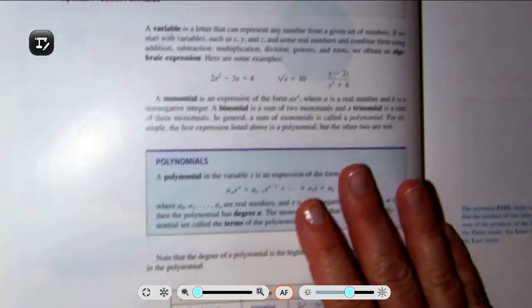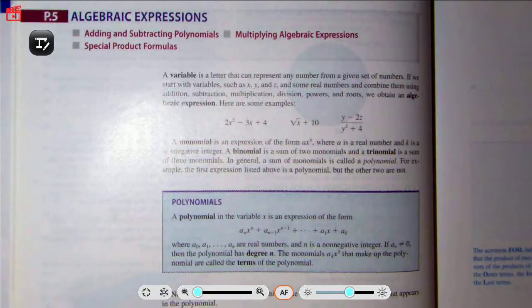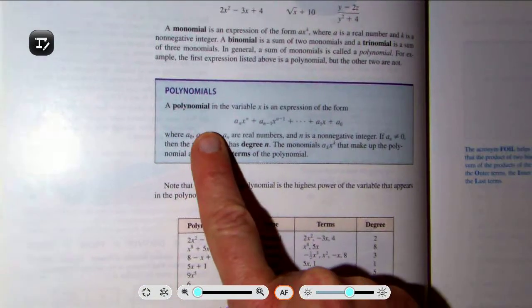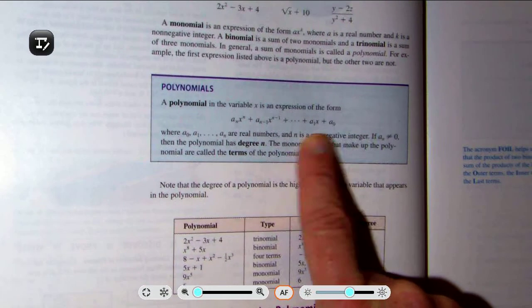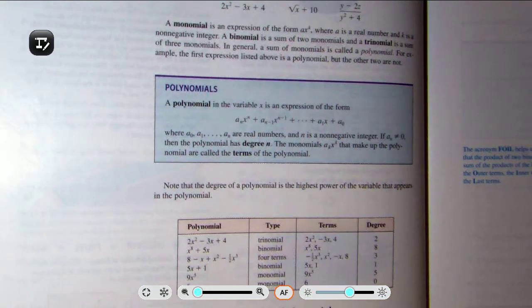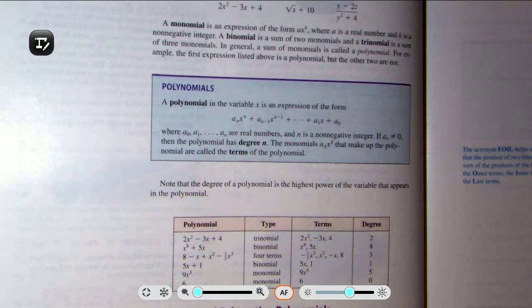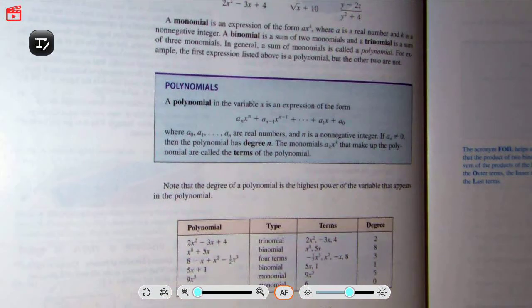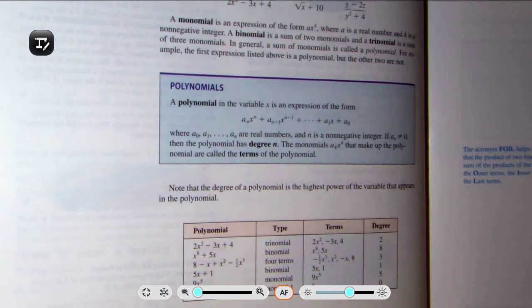All right, the last one in this section is P5, which is on our algebraic expressions. In other words, we have polynomials. We will spend lots and lots of time with polynomials, so just do a real brief overview of this, and we will actually hit on this again. I don't know how much of this you need to remind yourself on how to do.